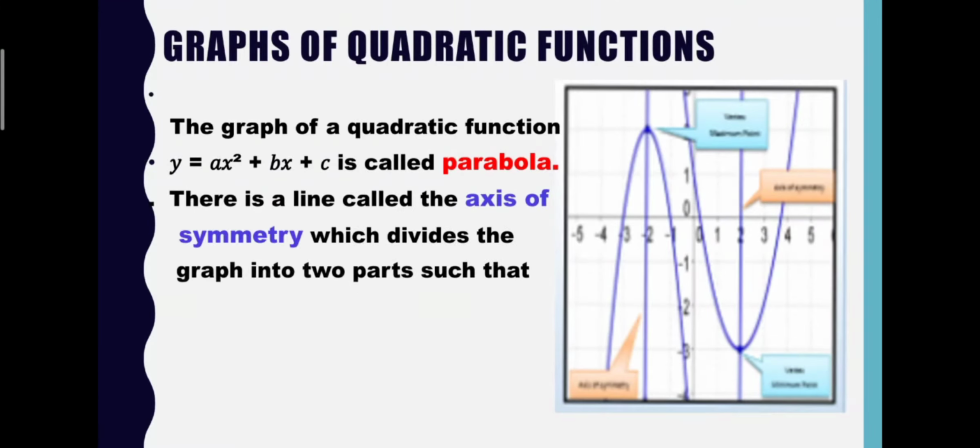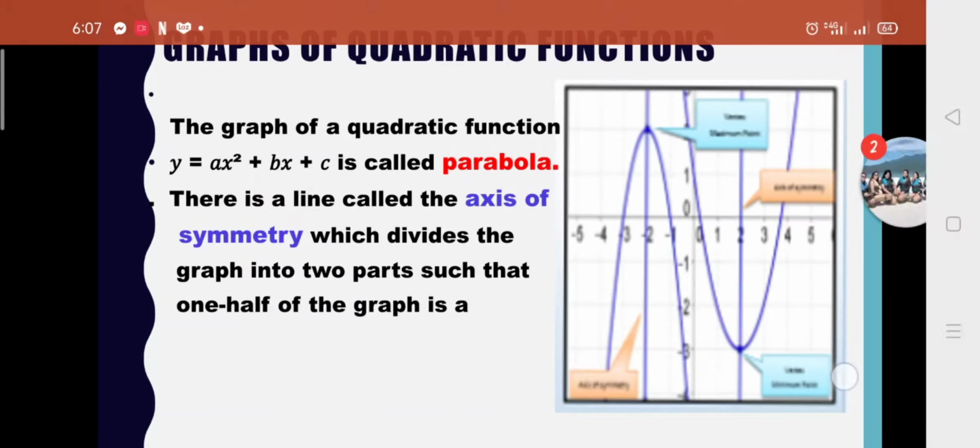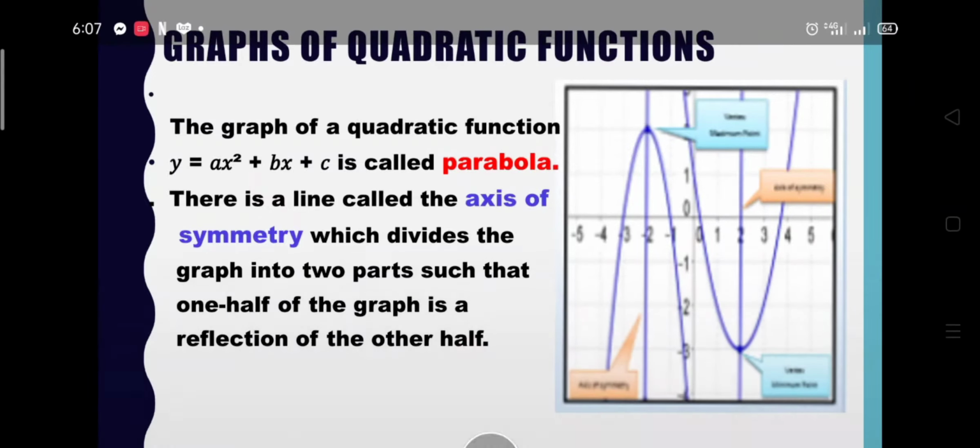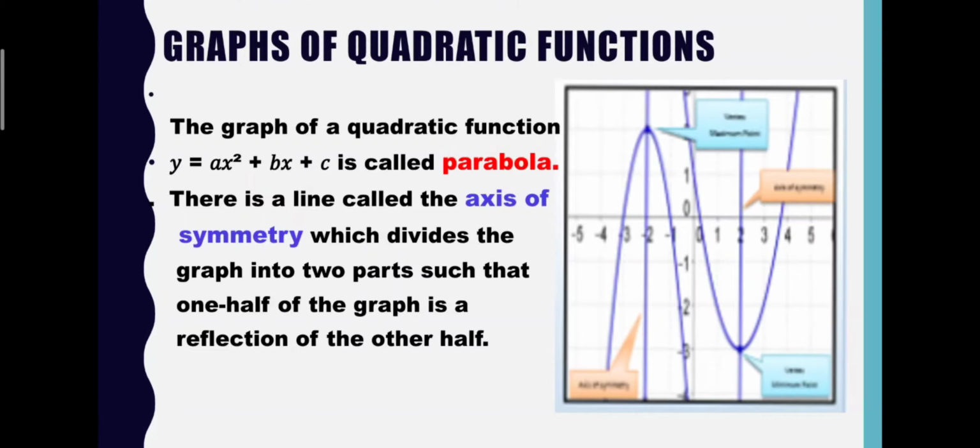There is a line called the axis of symmetry, which divides the graph into two parts, such that one half of the graph is a reflection of the other half. This one is called the axis of symmetry.